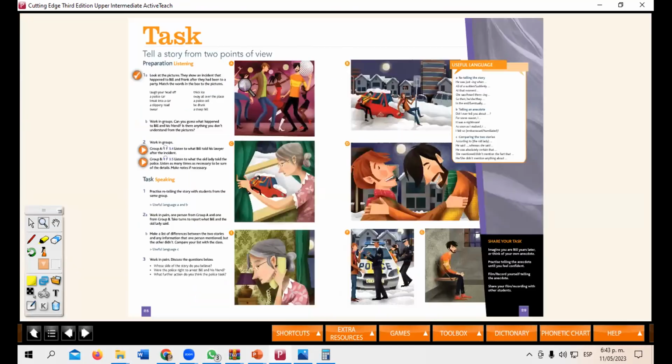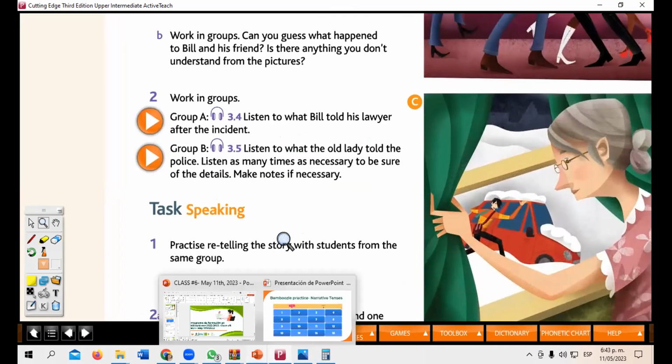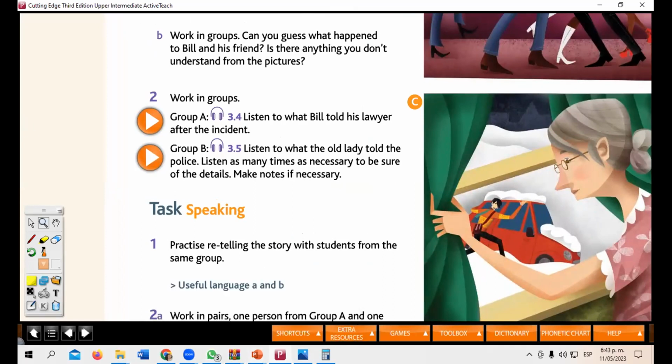All right, so you can see the incident that occurred to Bill and Frank. And also we have this old lady involved in the incident, okay? So what we're going to do now is listen to both versions of the story. First, we will listen to Bill.